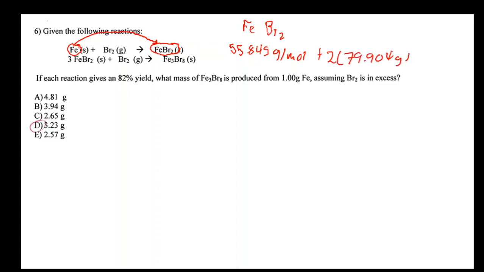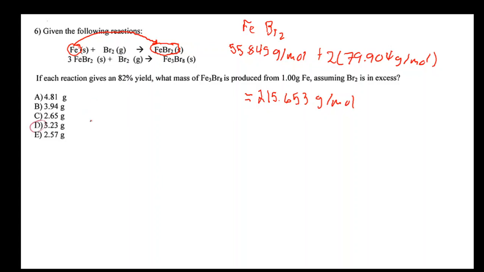And then we have 2 of those, so 2 times 79.904 plus the 55.845 gives us a grand total of 215.653 grams per mole for the iron bromide salt there. I always forget how heavy bromine is in comparison to everything else. I know, it's heavier than iron.